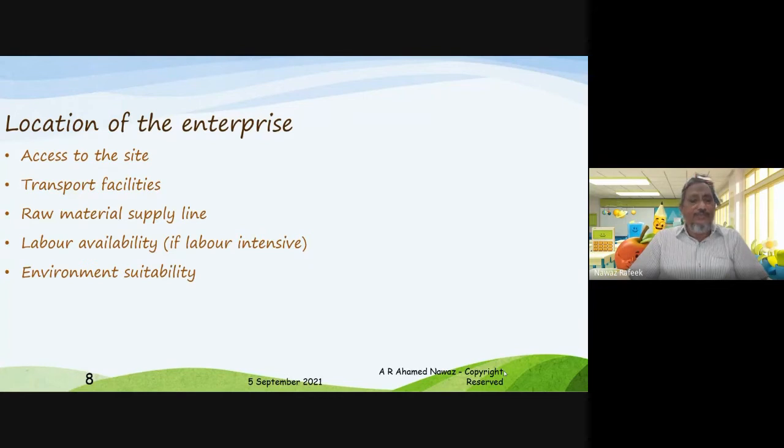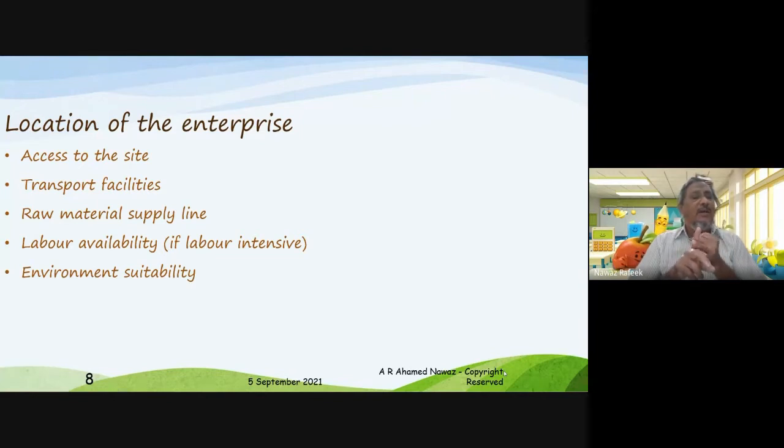For example, can you fill cultivable land, paddy land, and put up a factory or business organization there? It is prohibited. You can't. According to the Agrarian Service Act, you can't fill paddy land.